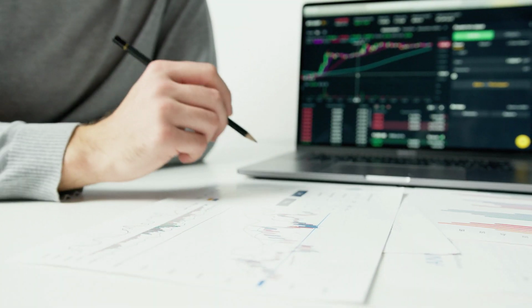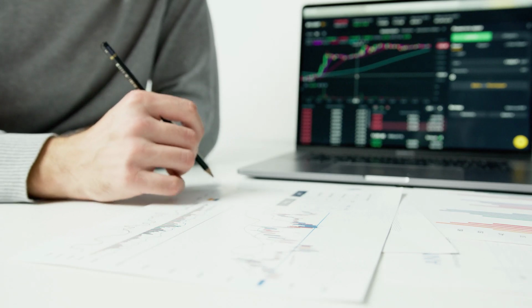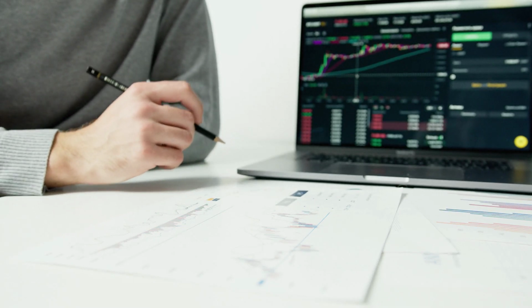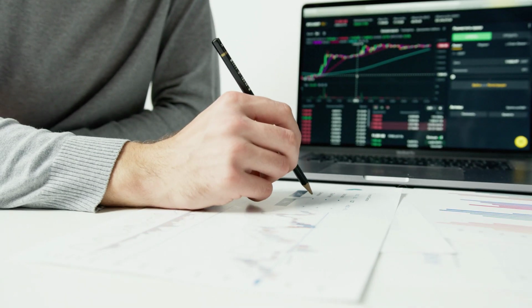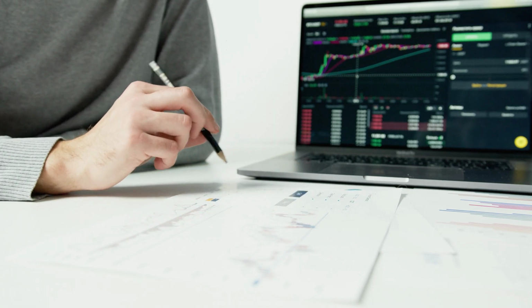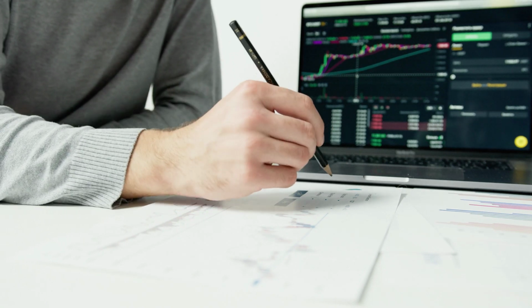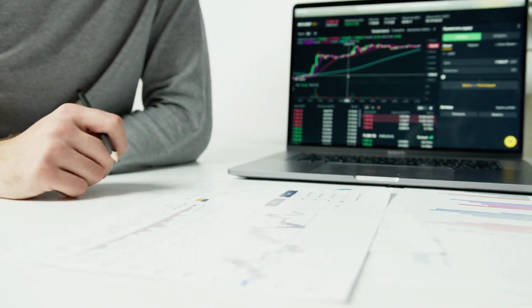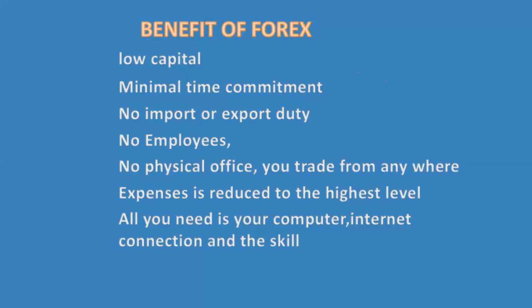You can even be on a trip and still place trades from your phone or your laptop and make good amounts of money. So there is no physical office. All you need is your computer, internet connection, and the skill. That's what you need, and you'll be generating consistent profit. It is possible to be generating consistent profit.